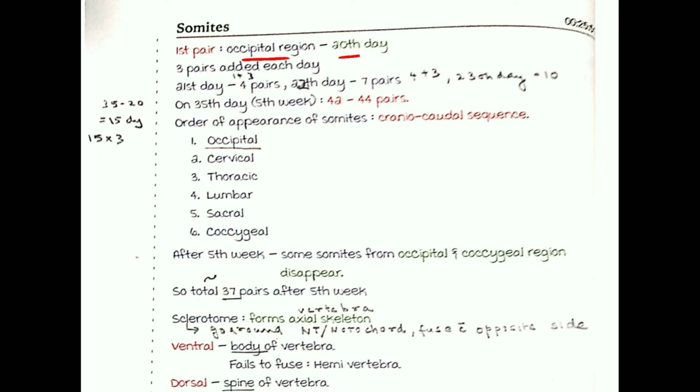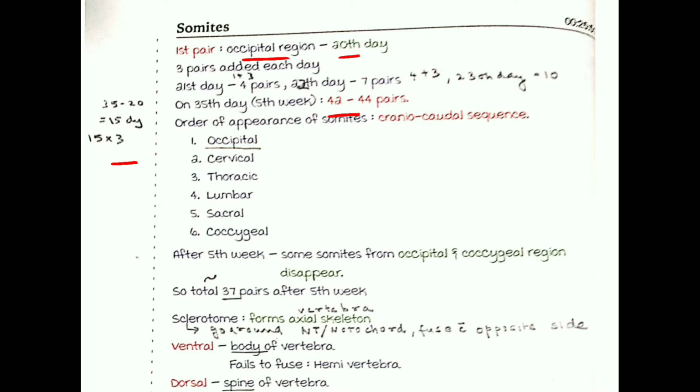So if we see how many pairs are formed on the 35th day, 35 minus 20 is 15 days, so 15 into 3, as each day 3 pairs are formed. So approximately 42 to 44 pairs of somites are formed on the 35th day, which is the 5th week.